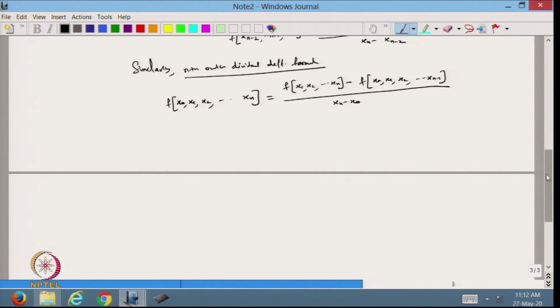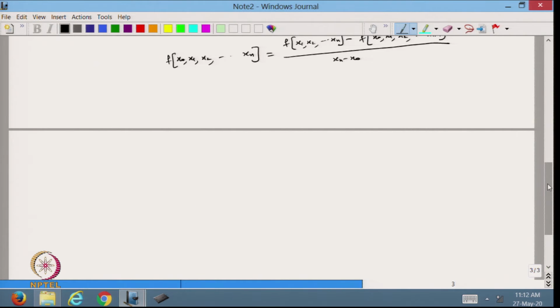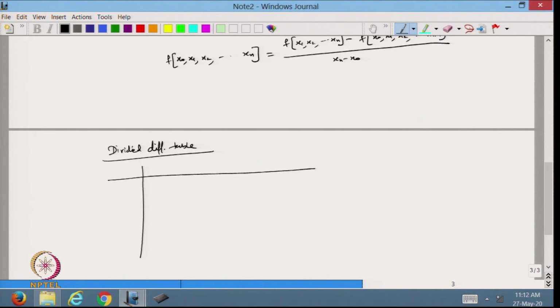So now, based on this we can make the table. The divided difference table we can write same as the finite difference table.